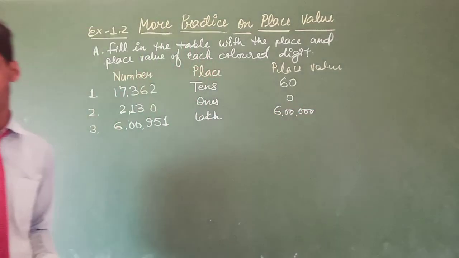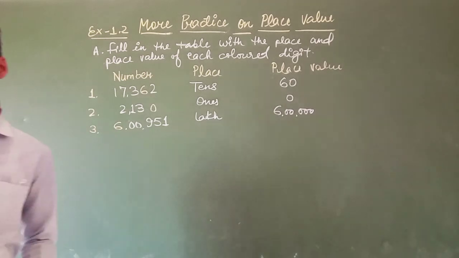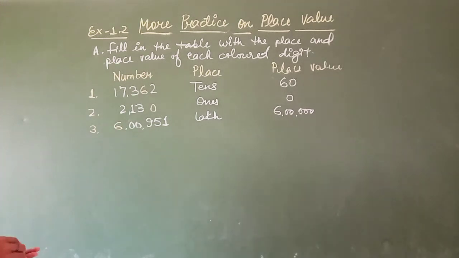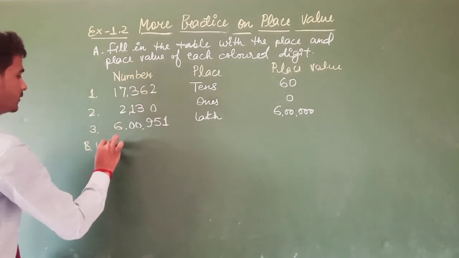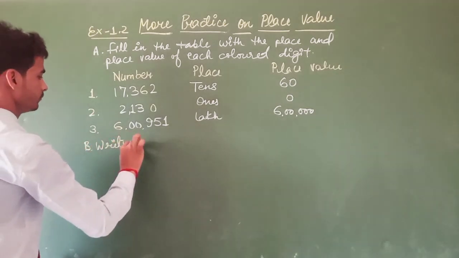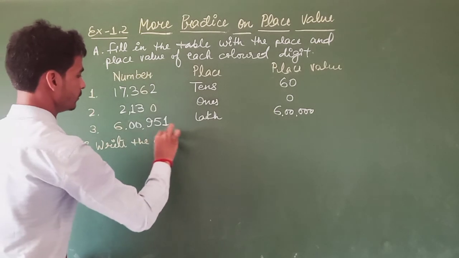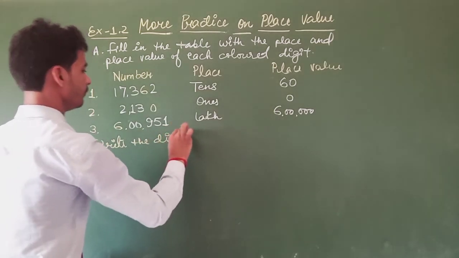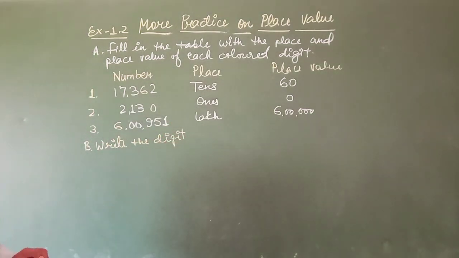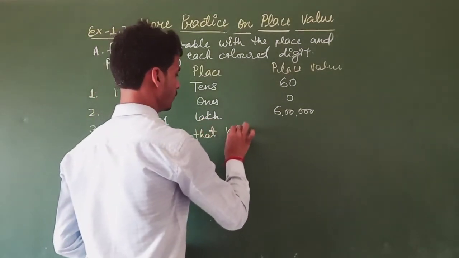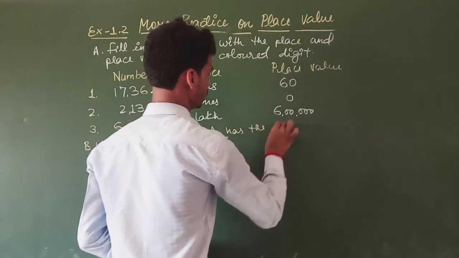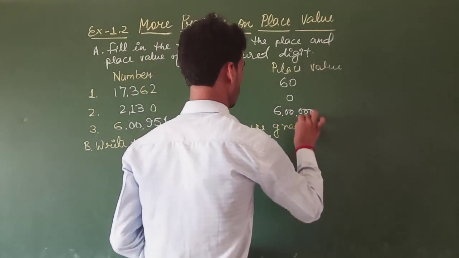Okay, now come to the next question, question number B. Write the digit that has the greatest place value in the number.